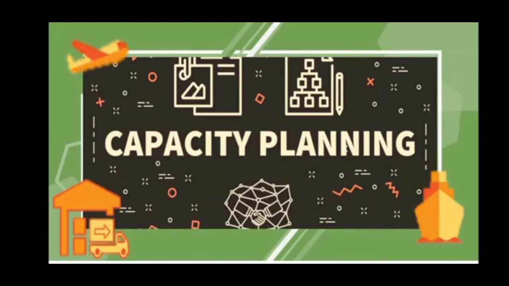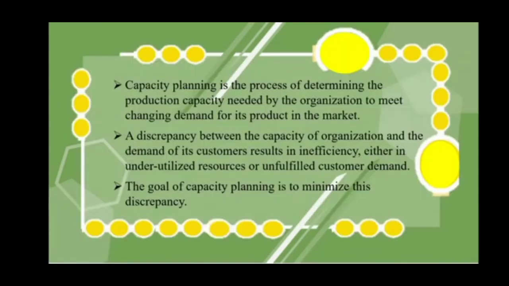Successful businesses of all types use capacity planning to answer similar questions every day. So what is capacity planning? Capacity planning is the practice of determining production capacity and workforce needs to make sure your supply chain is equipped to meet demand for its products in the market.